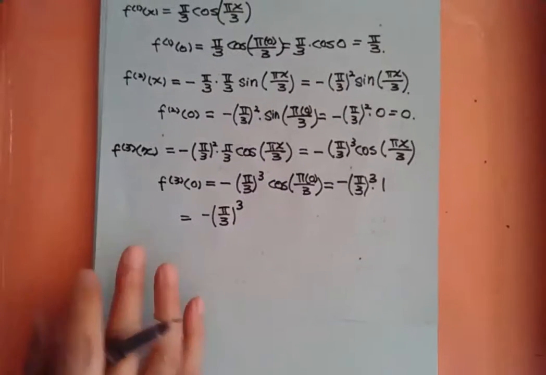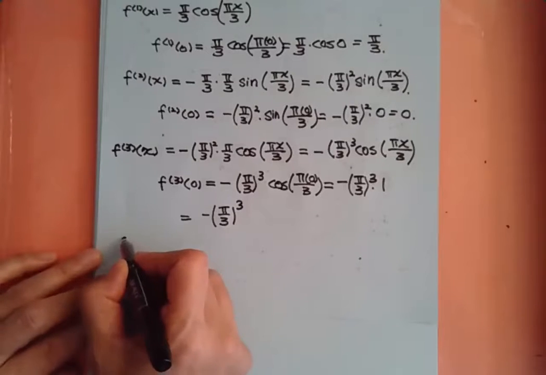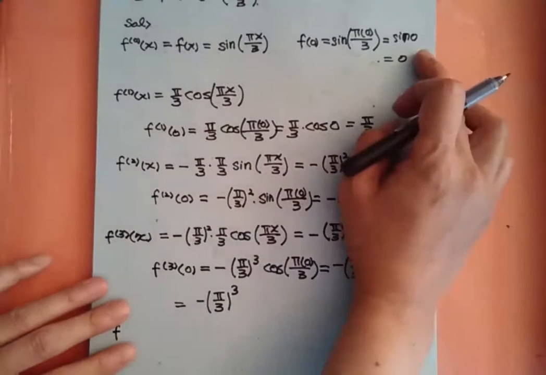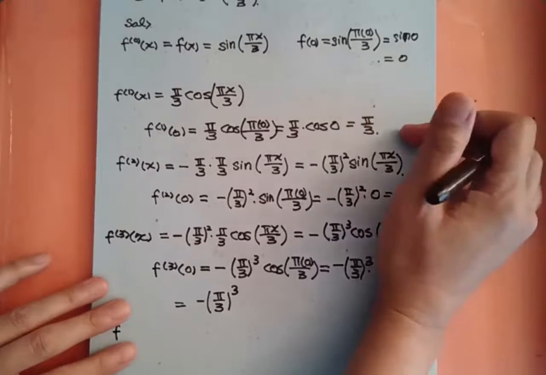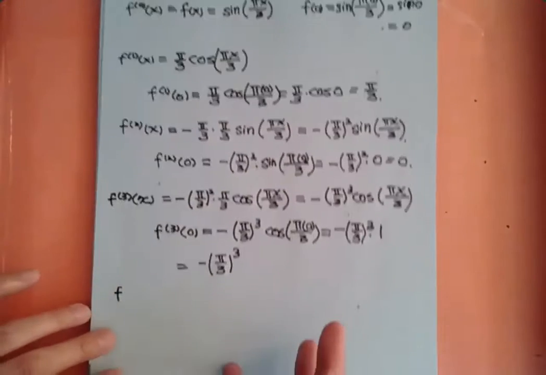So we will keep on going like that to get the pattern. So far what you can see is the first one is 0, and then pi over 3, and 0, negative pi over 3 cubed.